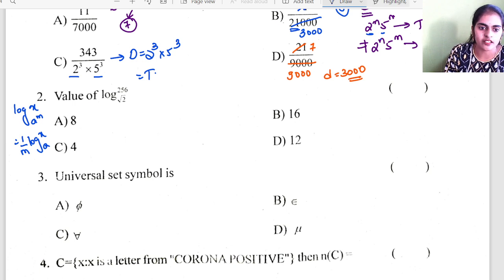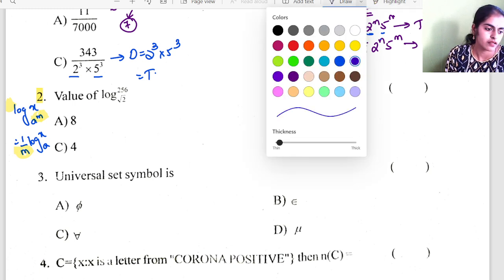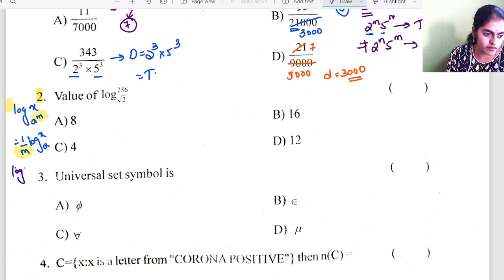If the power is in the base, when it comes in front of the log, it will be reciprocal. But if the power is on the number, log x power m, it will become m log x.